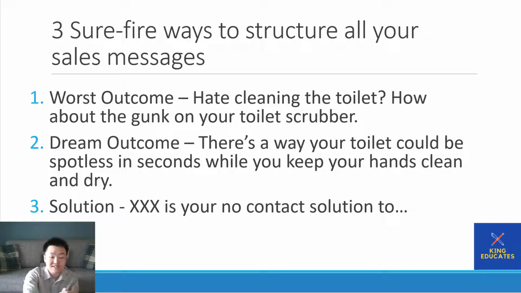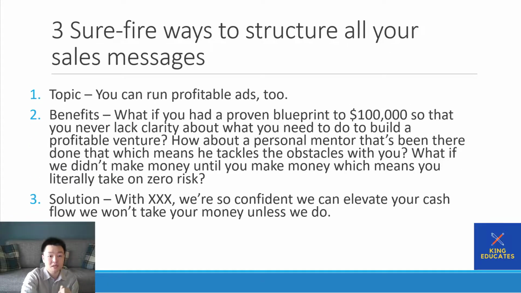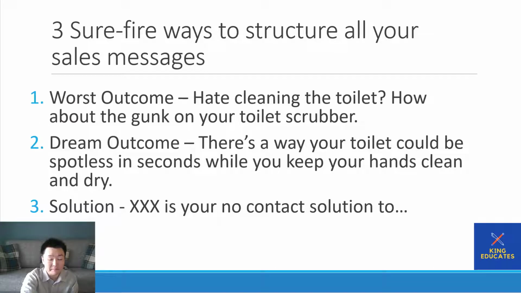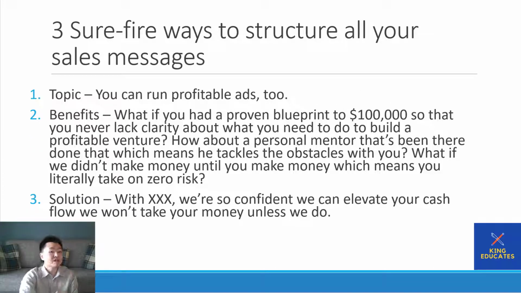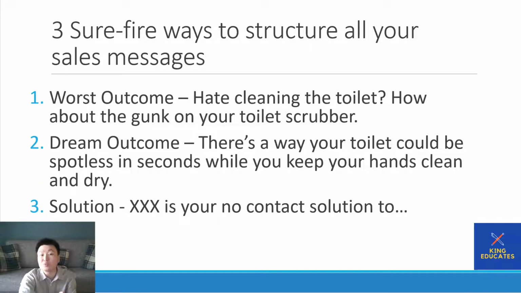And so if you notice, these structures all have 3 parts to them. And so it's very easy for us to change part 1, the topic or the problem or the worst outcome, into a headline.